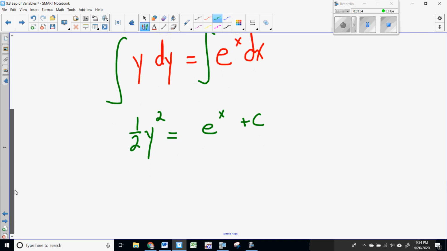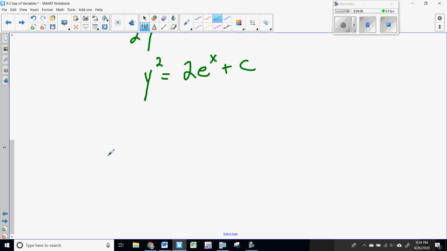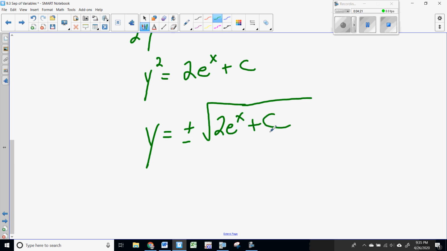Now I'm going to solve for y. So this is y squared, multiplied by 2, which is 2 e to the x, and still plus c. And finally, to solve for y, we are going to take the square root, and we get y equals plus or minus the square root of 2 e to the x plus c.